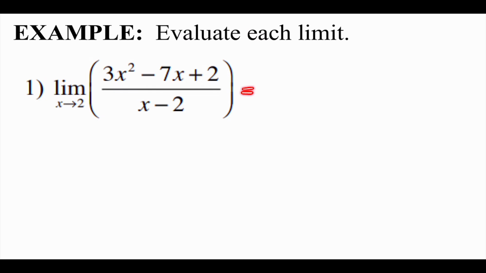So if you get a number like 1/4 or -8, you stop. You're done. That doesn't change. If you get a number over 0, still DNE. That doesn't change. What I'm going to help you do today is make 0 over 0 a lot easier.